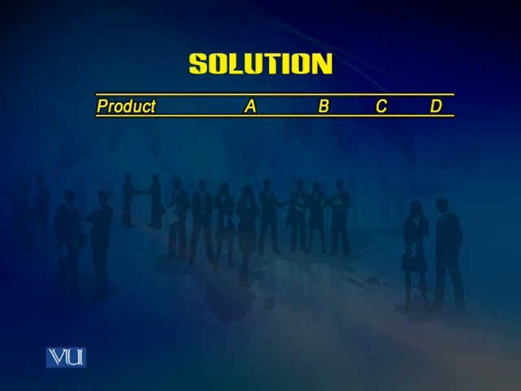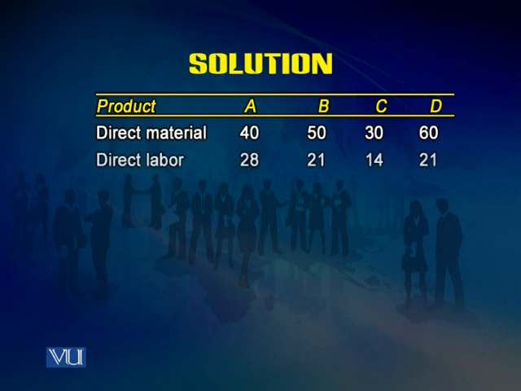So then, applying this rate to arrive at the cost per unit of each product, we go back to the direct material cost. We were told is 40 per unit for A, 50 for B, 30 for C, and 60 for D. We will use the same labor cost as given in the question. Direct labor cost 28 for A, 21 for B, 14 for C, and 21 for D.